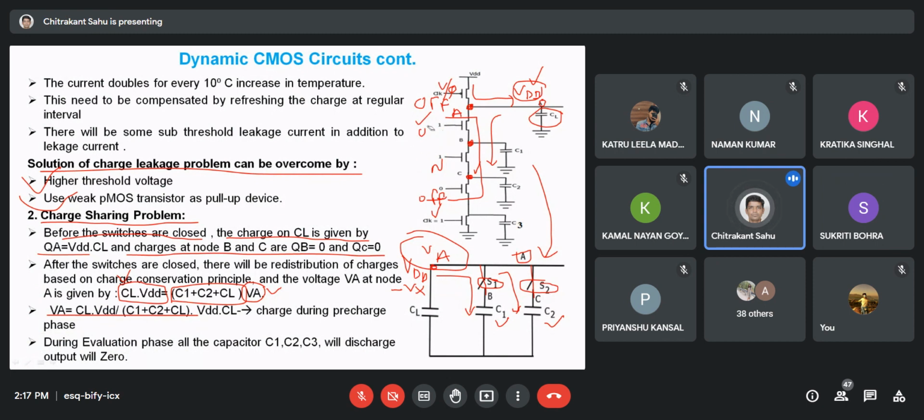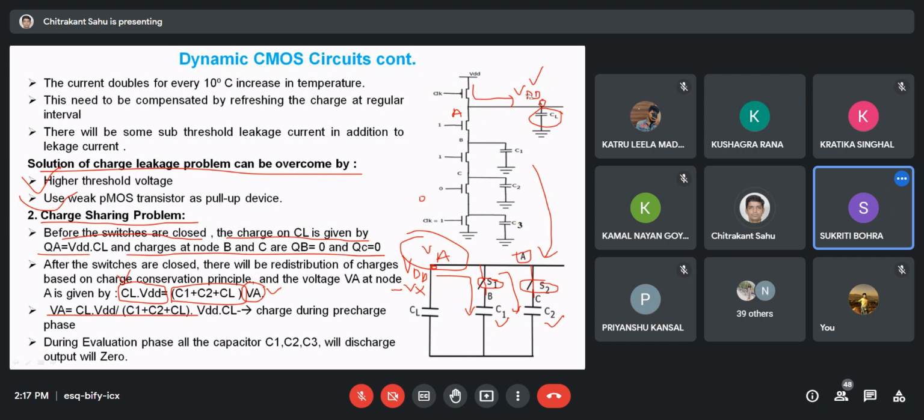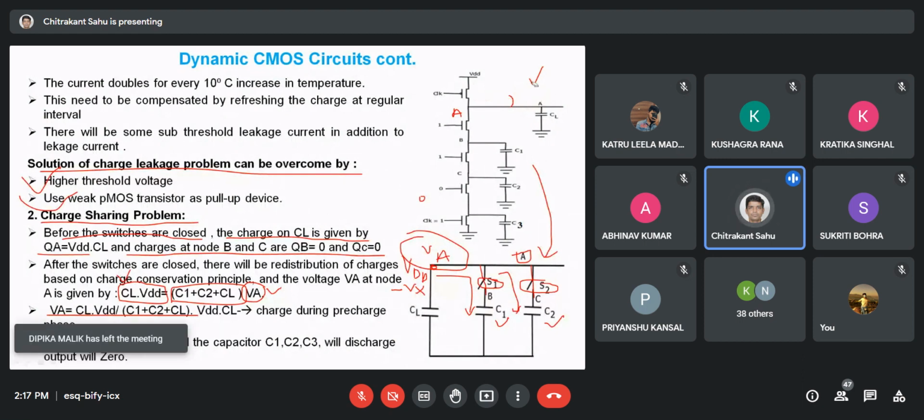I have just given the example of 110, where the two capacitors are connected. Will the charge sharing problem arise at the input 111? No, sir, it will be grounded. Yes, correct, because the data will be changed. The output will be changed to 0 because that is the actual operation happening there.